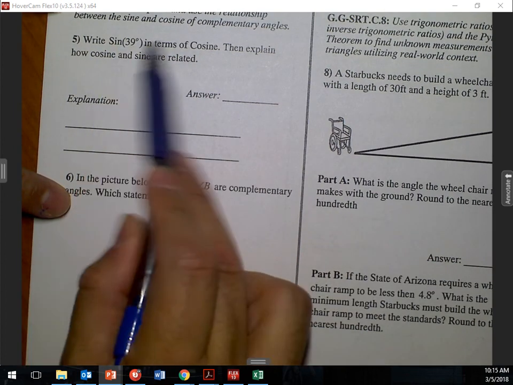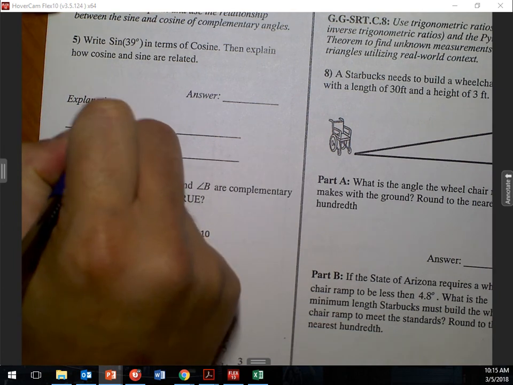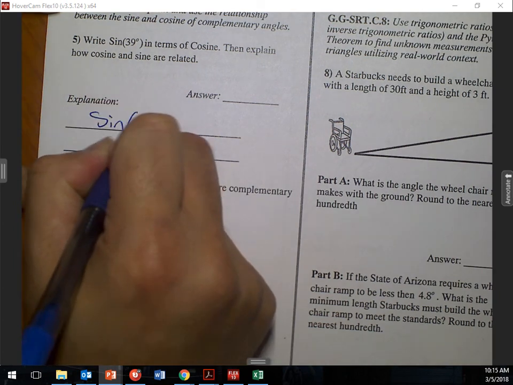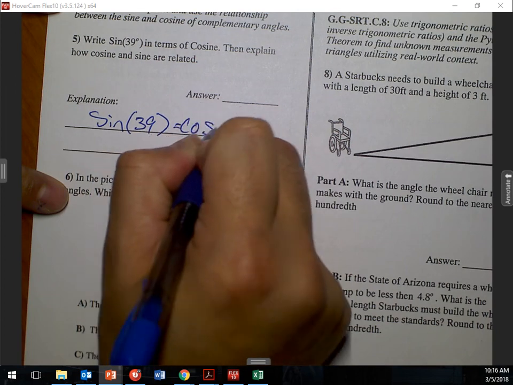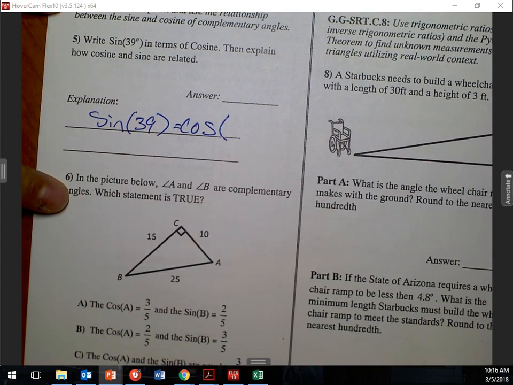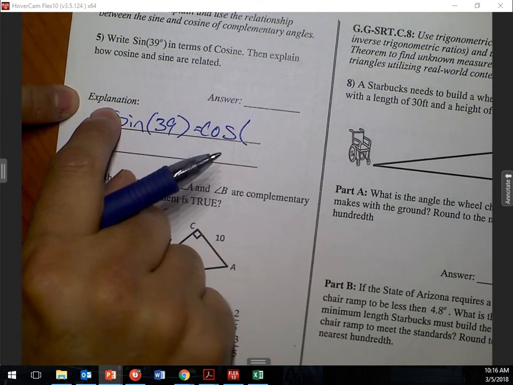Sine is here. Find it in terms of cosine. So to write this out, it would be sine of 39 is equal to the cosine of 51. It is, but I want to show explanation. Show me the reasoning for this.